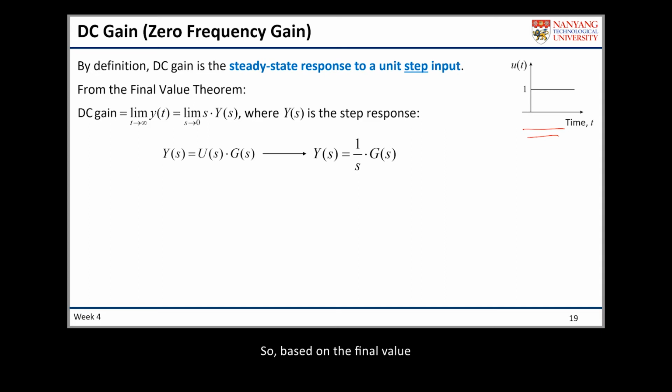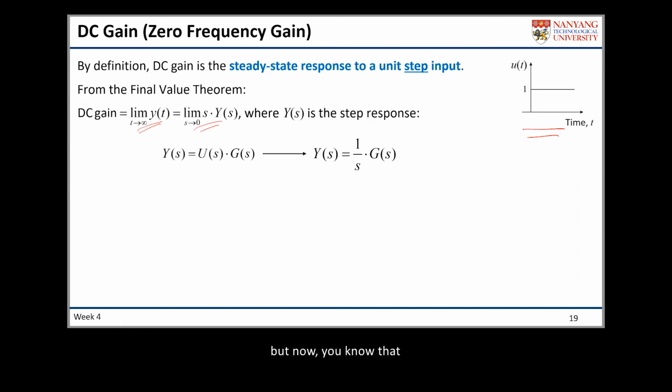Okay, so based on the final value theorem that we discussed in the previous slide, we can find the DC gain. The DC gain is the final value of the response y(t) when we give an input of unit step. So the final value of the output is equal to the limit as s goes to 0 of s times Y(s).